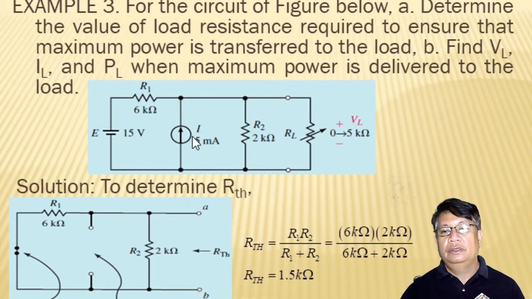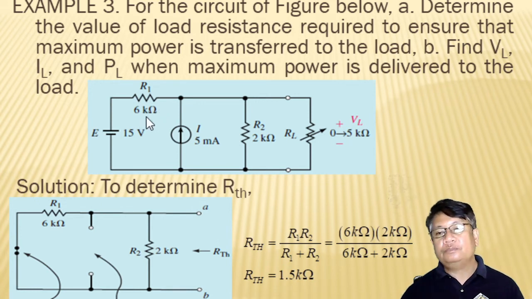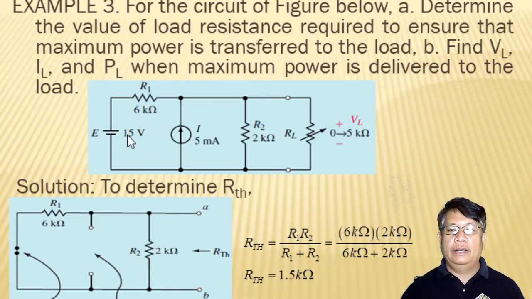We have this R sub 1, maybe an internal resistance of your voltage source of 15 volts, and your R sub 2 here is the internal resistance of your current source of 5 milliamperes.